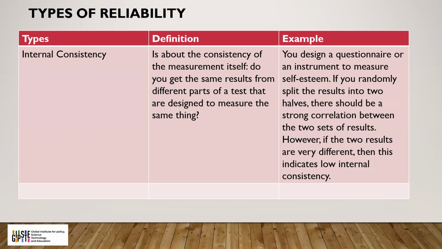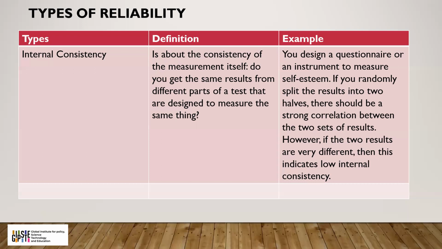If you randomly split the results into 2 halves, that is the split-half method, there should be a strong correlation between the 2 sets of results. However, if the 2 results are very different, then this indicates low internal consistency. But if the 2 results are very close, then there is an indication of very high internal consistency.